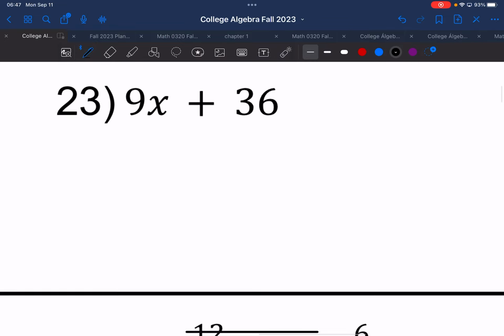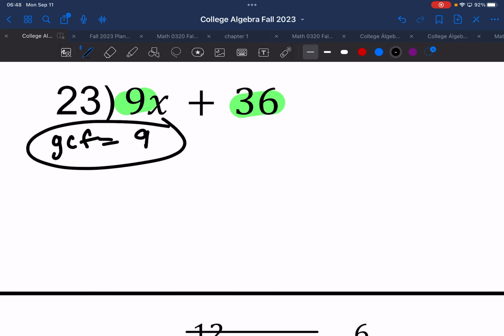Okay, 23, how many terms do we have? We have 2 terms. Remember, the terms are what's separated by a plus or a minus. From these 2 terms, the first thing we're going to do is the numbers. What is the largest number that can divide into 9 and 36? 9. So GCF is equal to 9. Are we able to take a GCF from the variables? No. So our GCF is just 9.